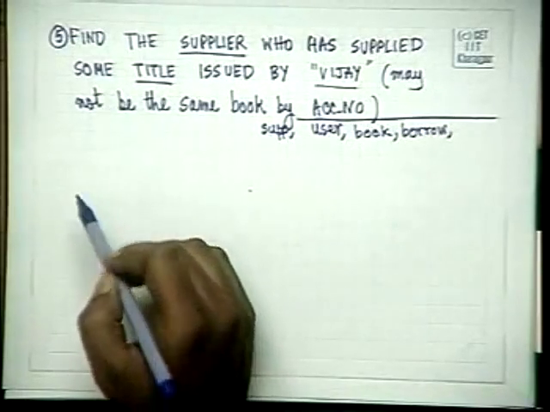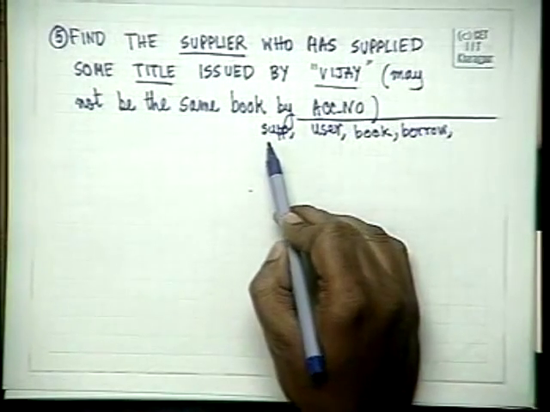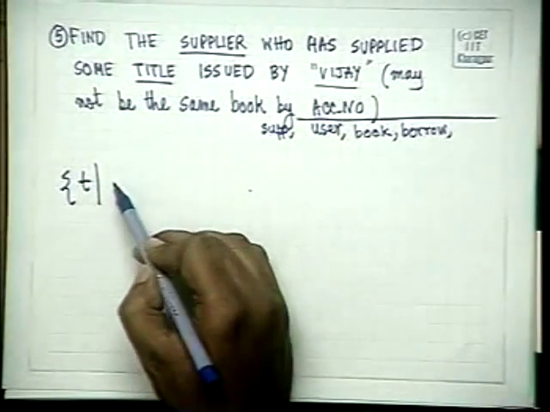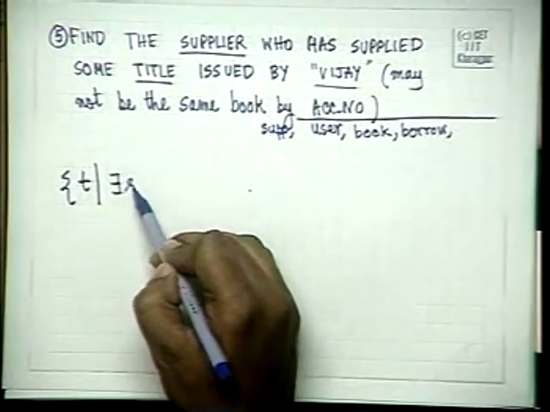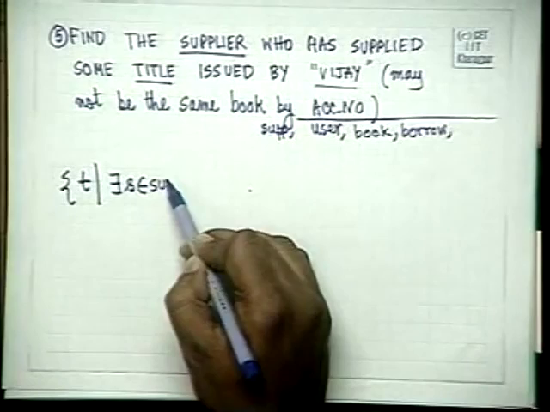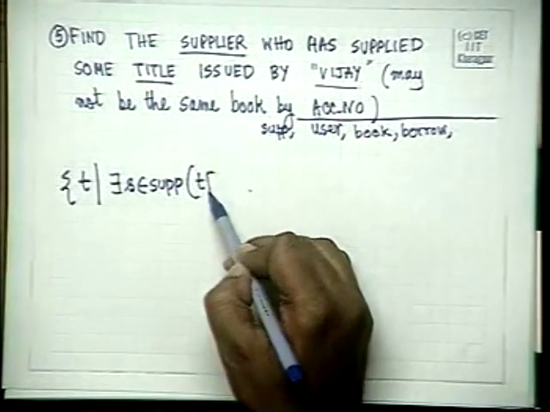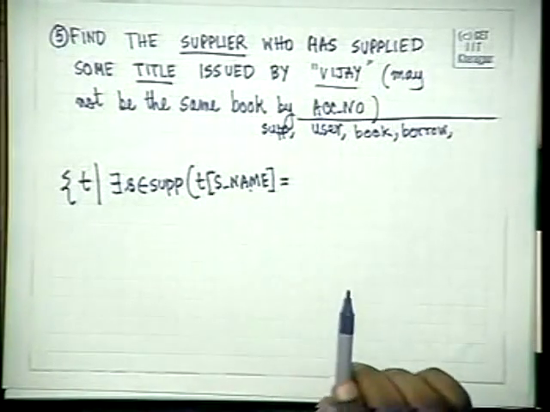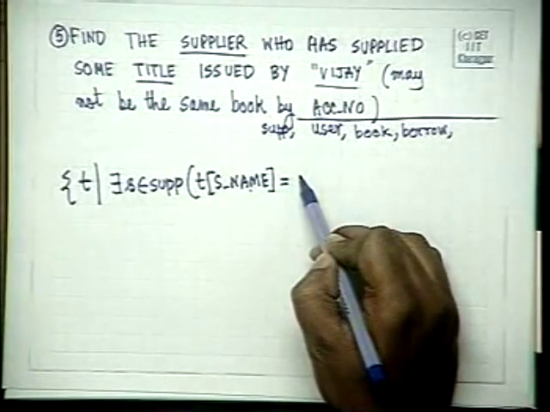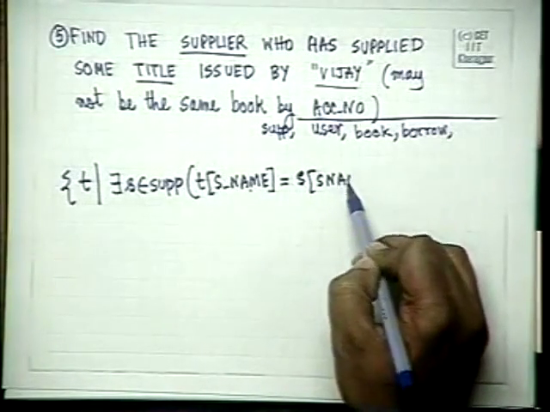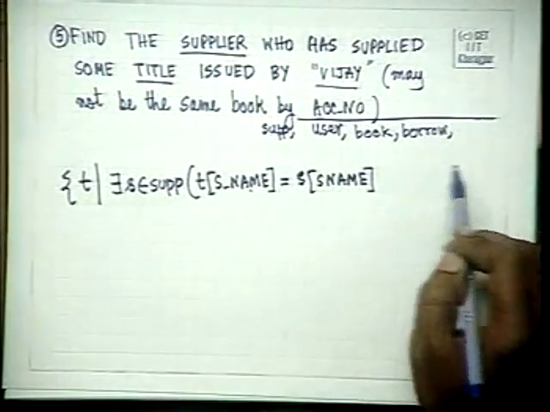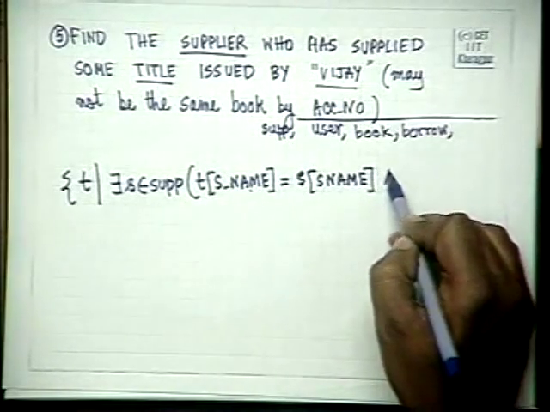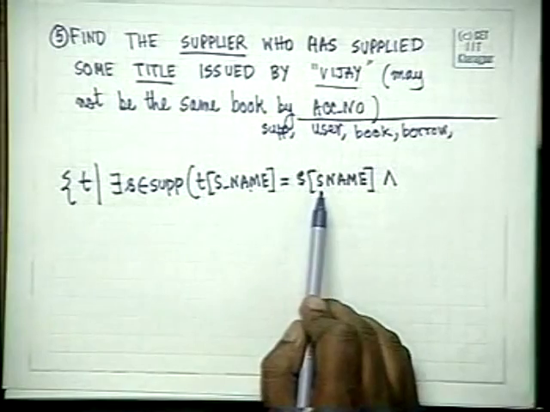So this one, you will have to use the supplier, the book, so it will be T, there exists S element of supplier, T of S name is equal to S of S name. I shall not complete it, I shall leave it for completion by you. And now you have got the name.